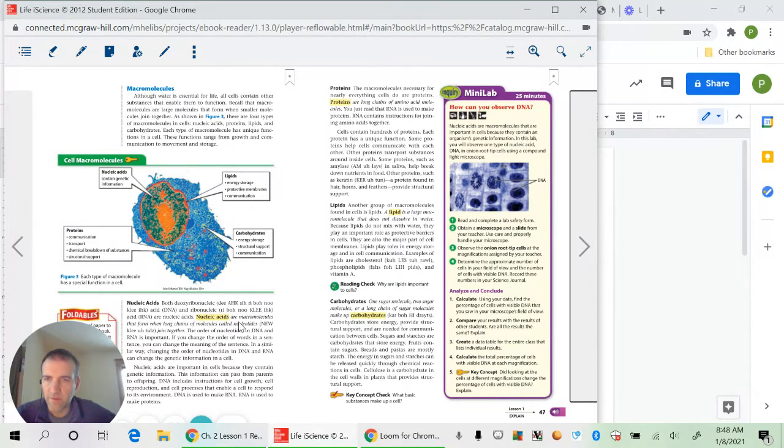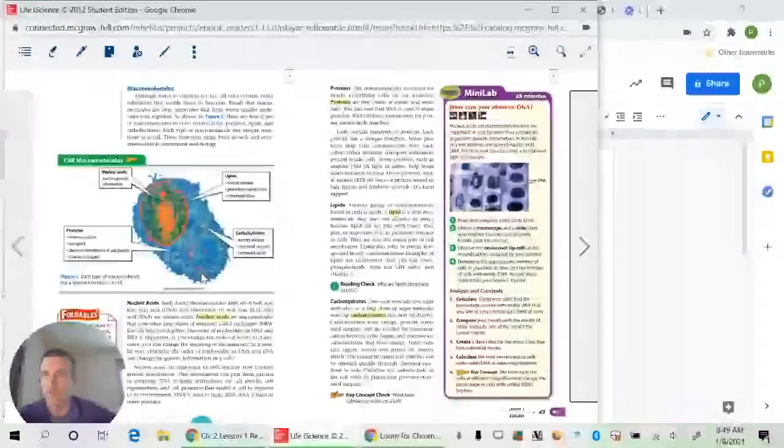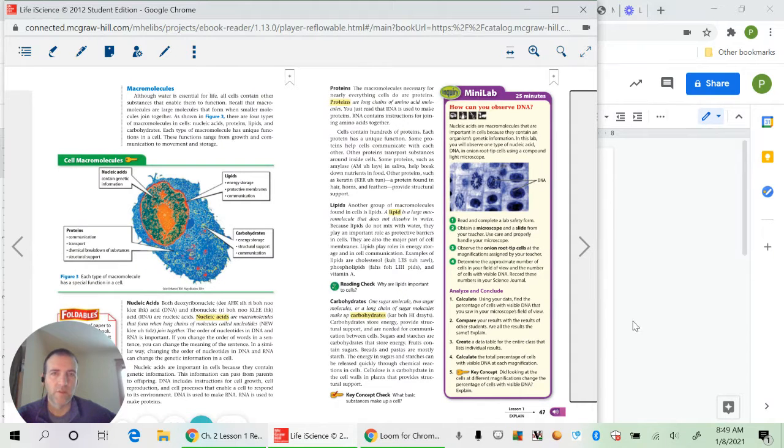Maybe look at the definition, maybe look at the topic sentence of the second paragraph. Look at those for some ideas so you can make a statement about nucleic acids. You could also look up here at this chart that shows you the functions of the different macromolecules.